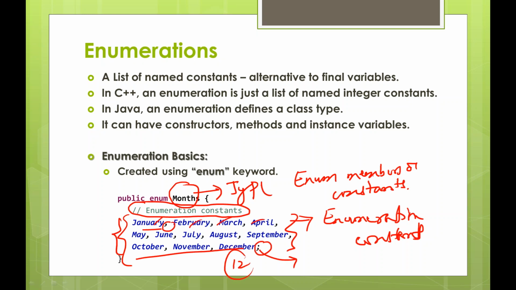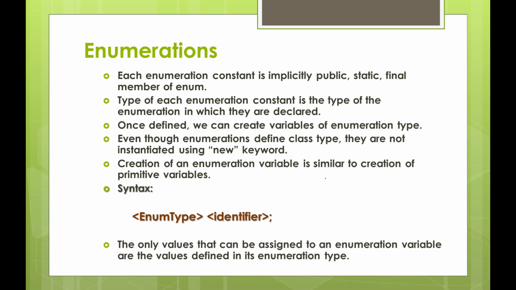So how do you access and process enumeration constants? Let's see. Each enumeration constant is simply a public static final member of the enum. That is very important: public static and final. When you make an instance variable public static final, what does that become?